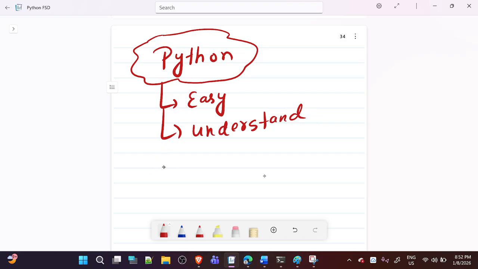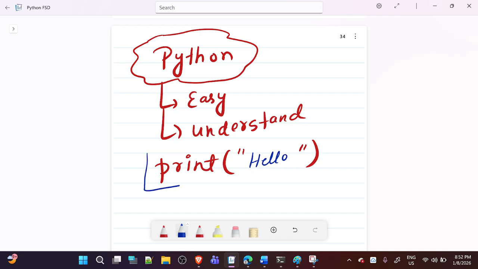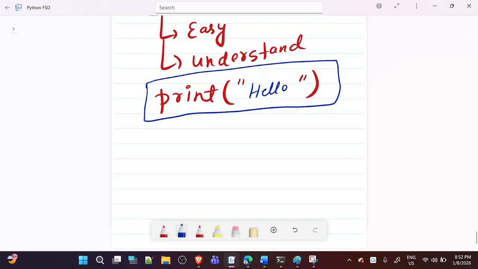For example, if you have to write hello in Python, what will you do? You will write simple print, and in the print you will write double quotes, and in the double quotes you will mention whatever you want to print. So a 10th class student, even a 5th class student, can understand Python. That is why it is easy, because it is in simple English.